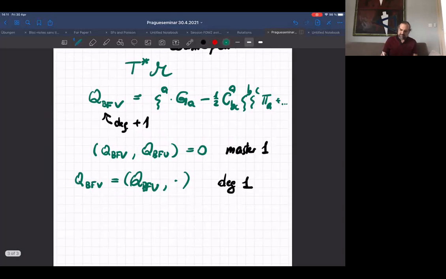And we now have the condition that the cohomology of this one at degree 0 is supposed to be the functions on the reduced phase space.